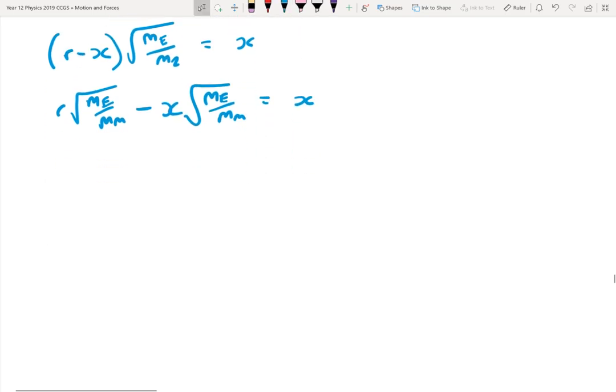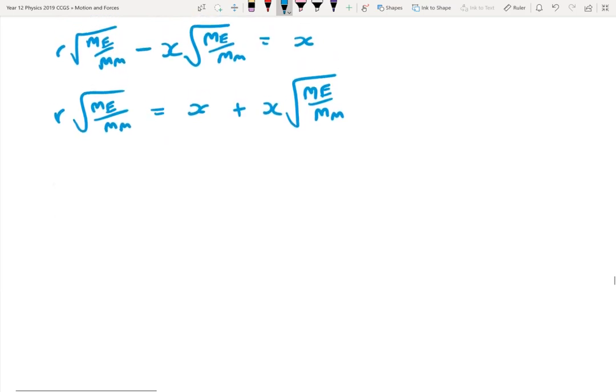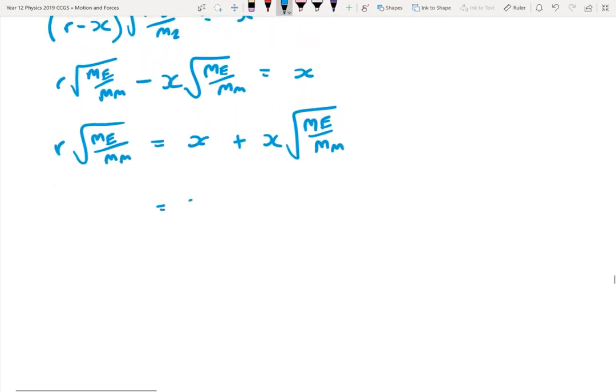I'm now going to throw my x terms over to the right-hand side. And then I can factorize a common factor of x.